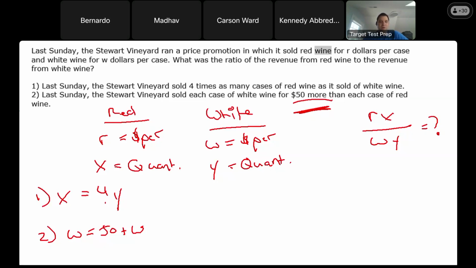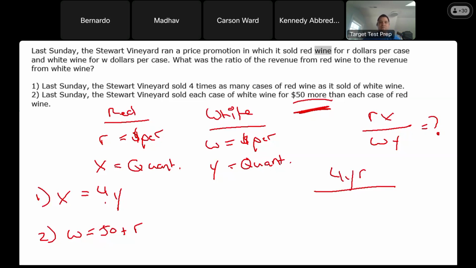Nonetheless, if you want to see it all the way through, plugging in 4y for x gives us 4yr over, excuse me, that's not 50 plus w, that's each case of white wine for 50 more, so that's 50 plus r.